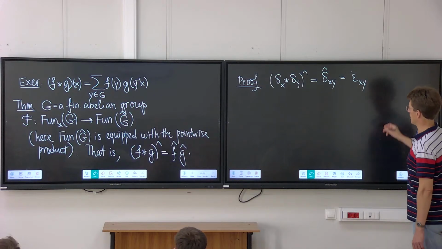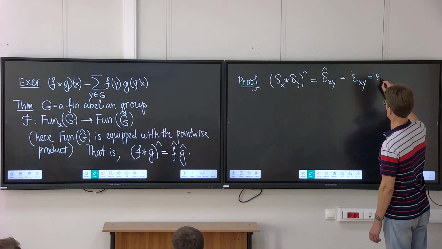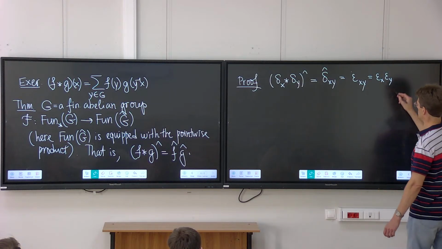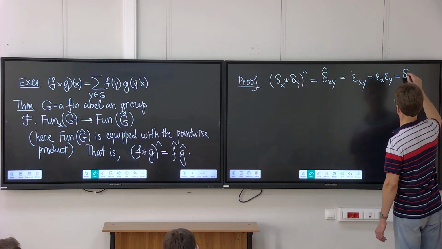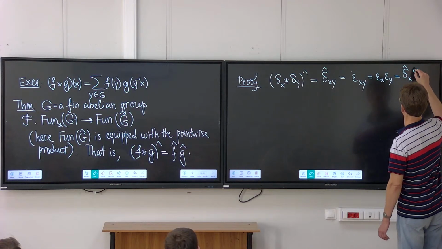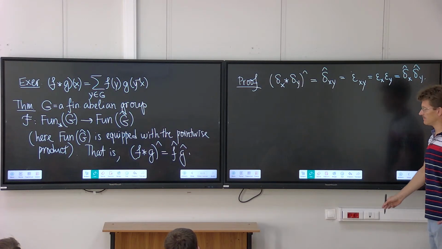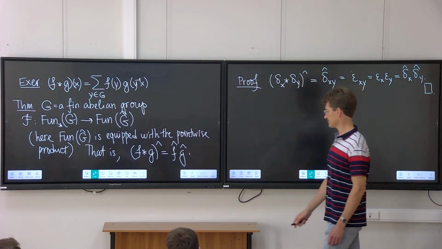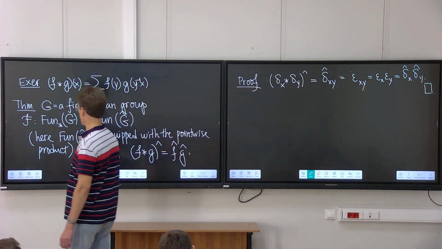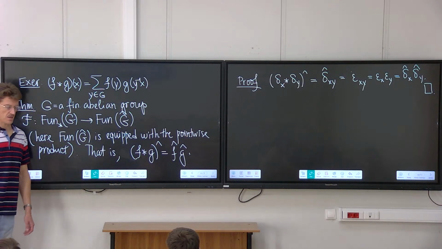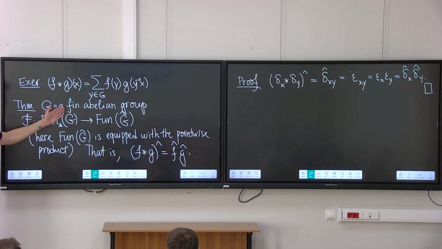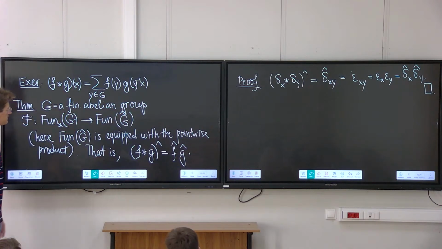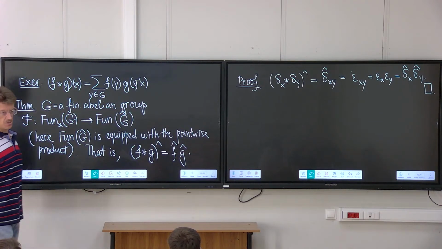But epsilon xy is easily seen to be equal to the pointwise product of epsilon x and epsilon y, that is, to the pointwise product of delta x hat and delta y hat. And this completes the proof. So the Fourier transform is an algebra homomorphism with respect to the convolution product here and the pointwise multiplication here.